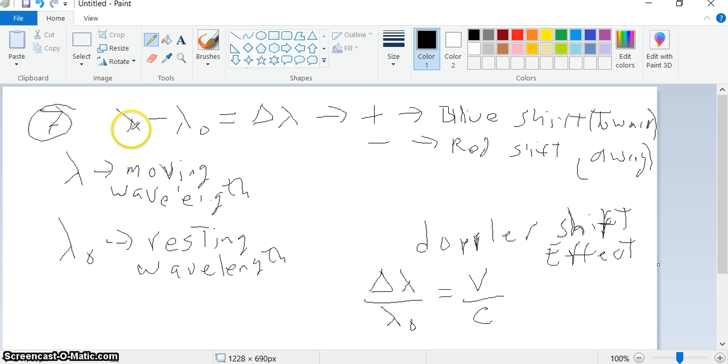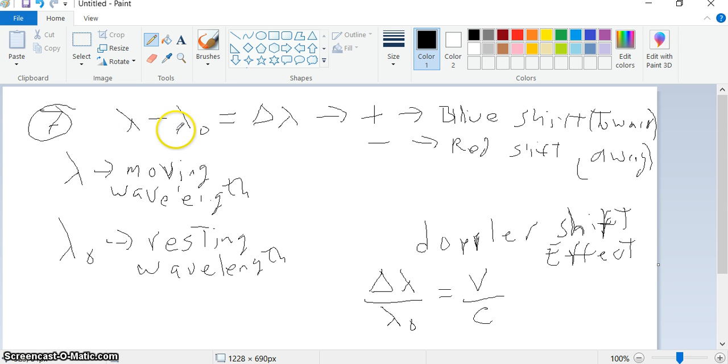If the wavelength of the moving object is smaller, the reason the wavelength changes is because there's relative motion between the observer and the source. It doesn't matter whether it's water waves or sound waves or light waves.